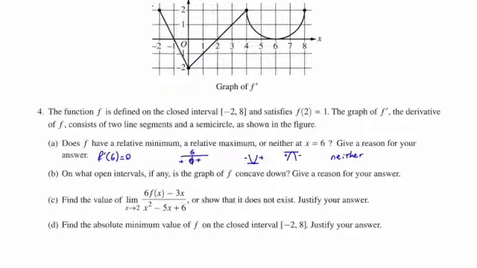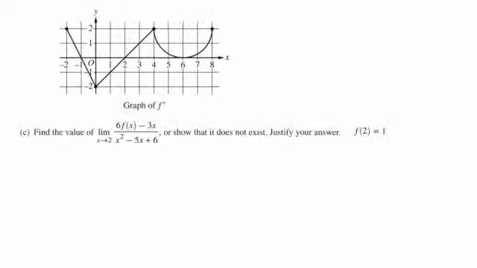Let's solve C. Part C says find the value of the limit of 6f of x minus 3x all over x squared minus 5x plus 6 as x approaches 2, or show that it doesn't exist. Justify your answer. When you want to calculate a limit like this, you should first replace x with 2.